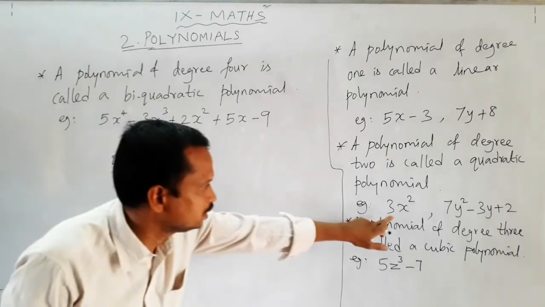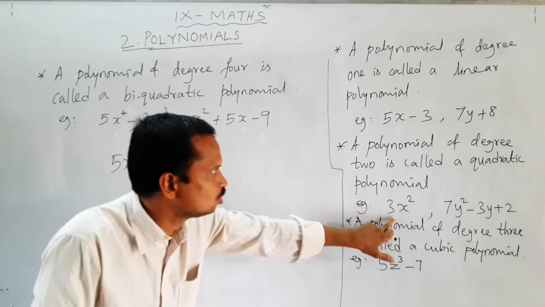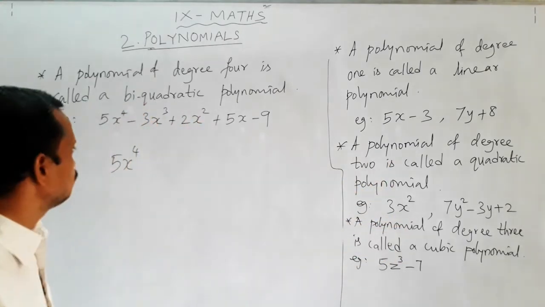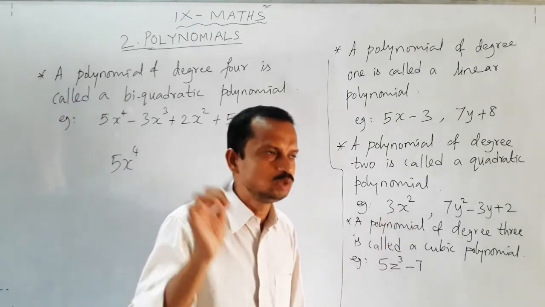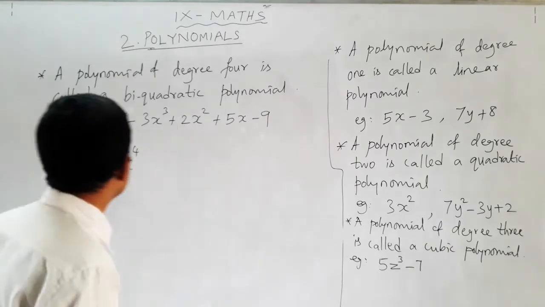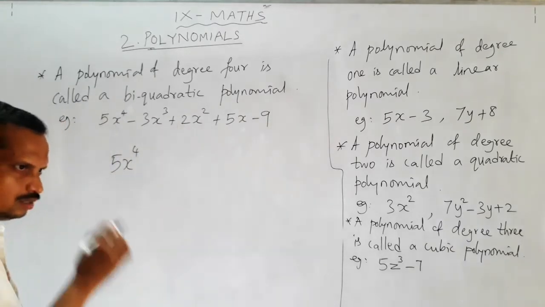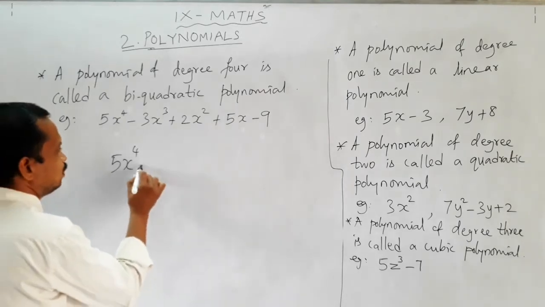If there is only one term, 3x square, then it is degree 2, so it is a quadratic polynomial. But the degree 2 variable is a must, then only we can say. Like that, if you have only 5x power 4, it is a biquadratic polynomial because the degree is 4.